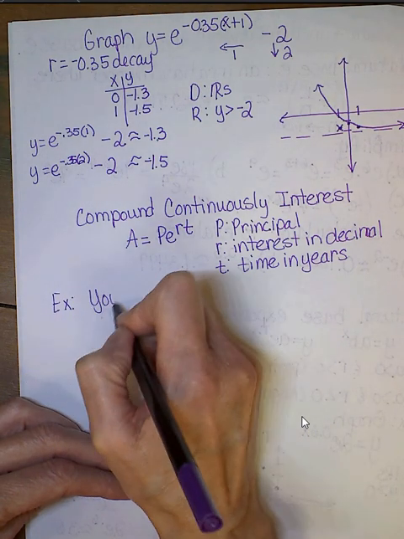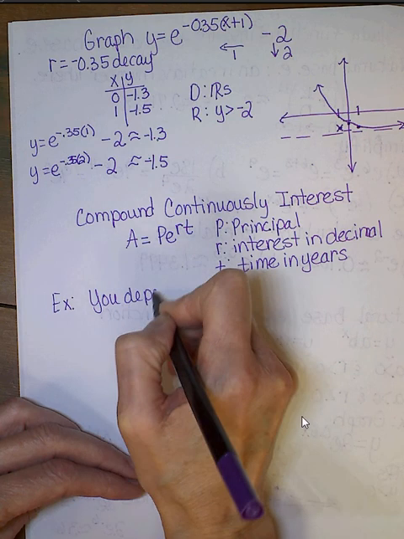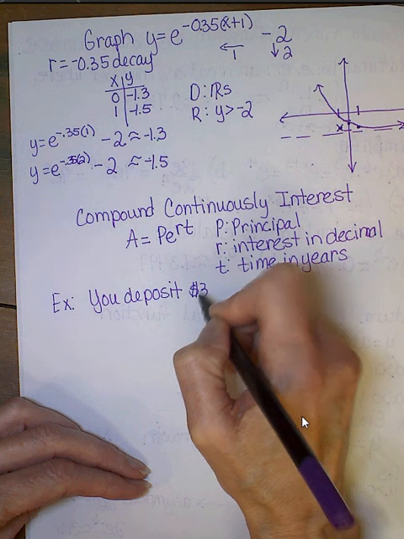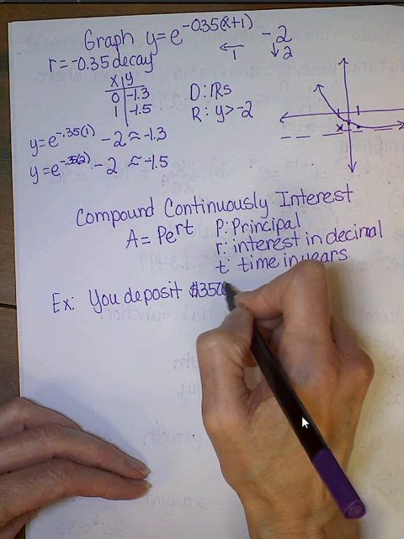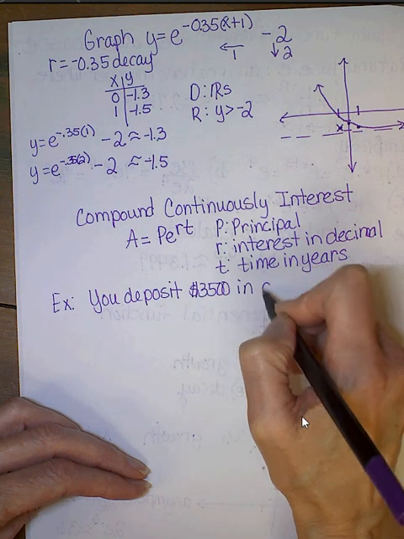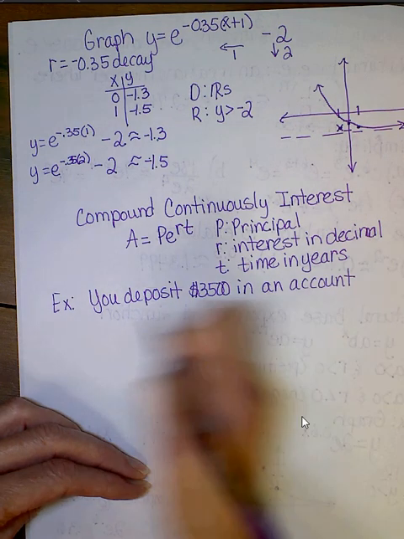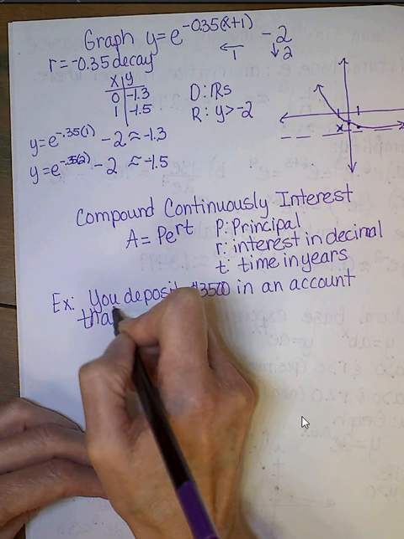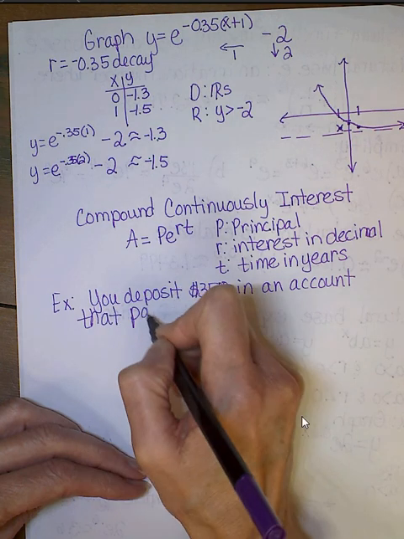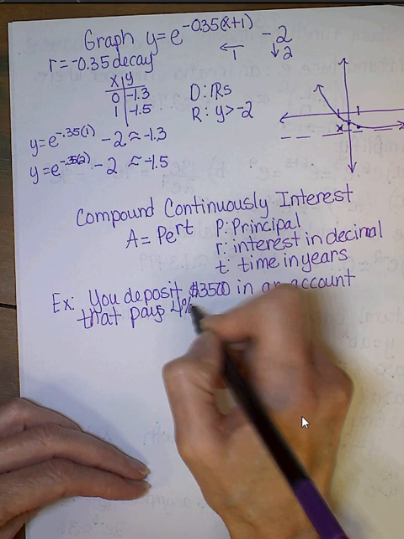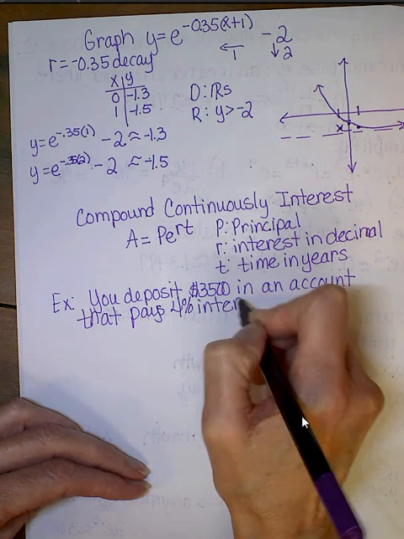Alright, so you deposit $3,500 in an account that pays 4% interest compounded continuously.